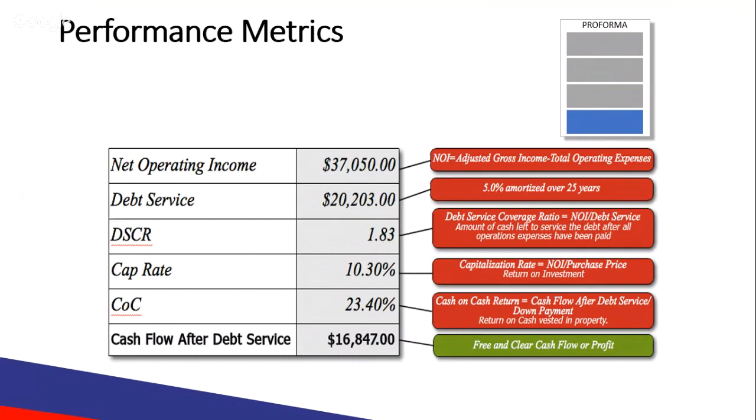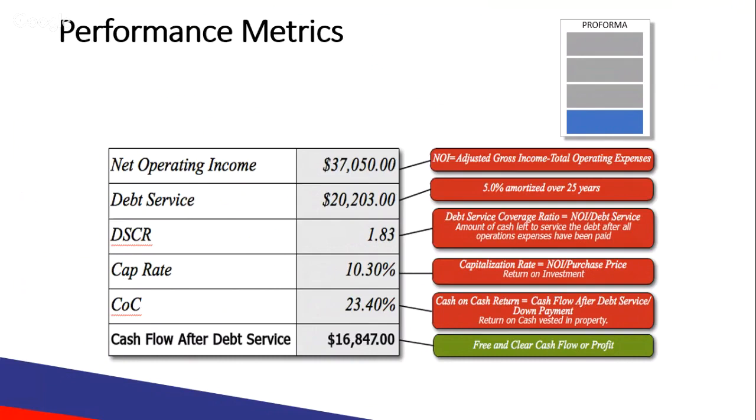The next ratio, which is called the DSCR, or debt service coverage ratio, is probably one of the most important ratios, especially for the bank. The bank is going to be heavily focusing on this ratio. And this ratio is your net operating income divided by your debt service.